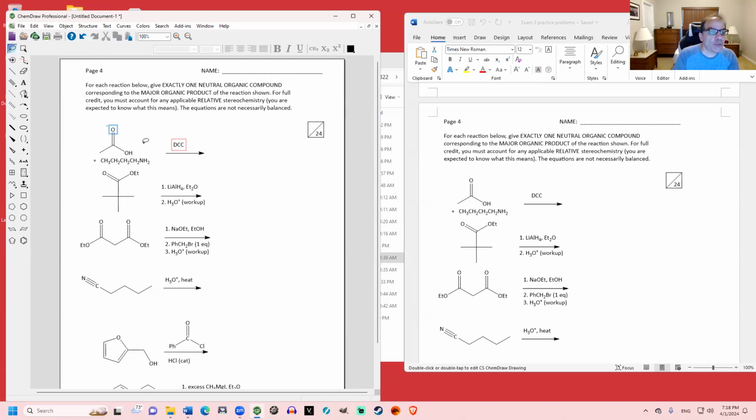Good. So if you treat a carboxylic acid with a primary or secondary amine, this amine is primary, with DCC, then you get an amide. You put the N of the amine where the OH of the carboxylic acid is. And that's the product that you get.